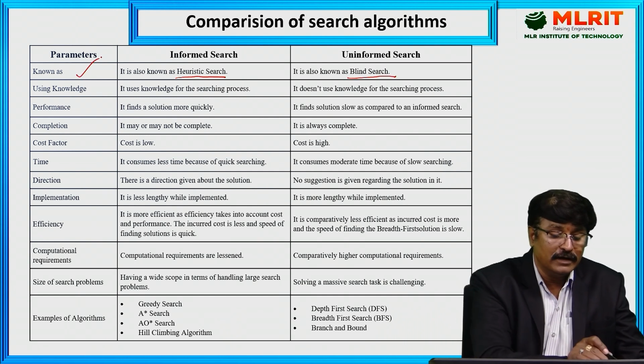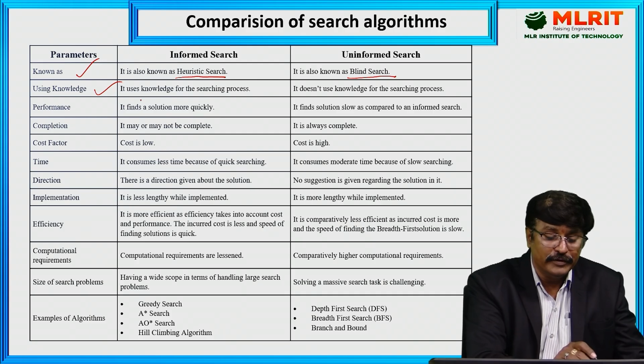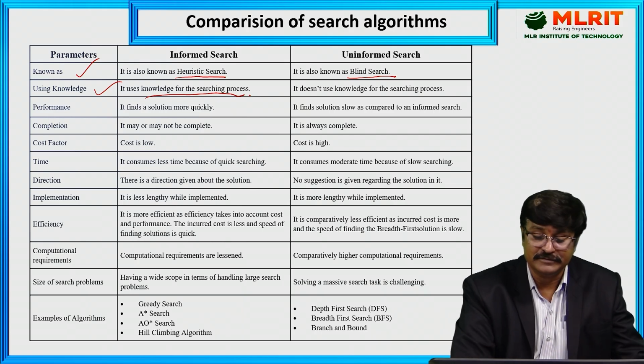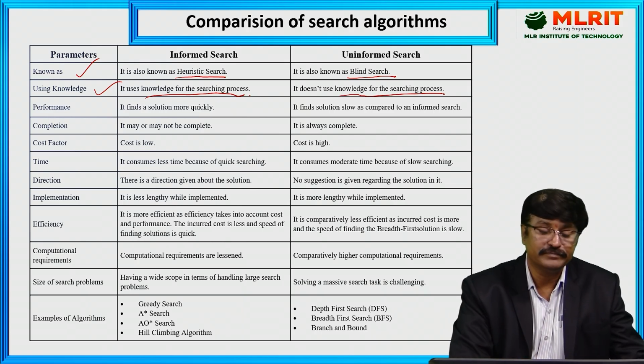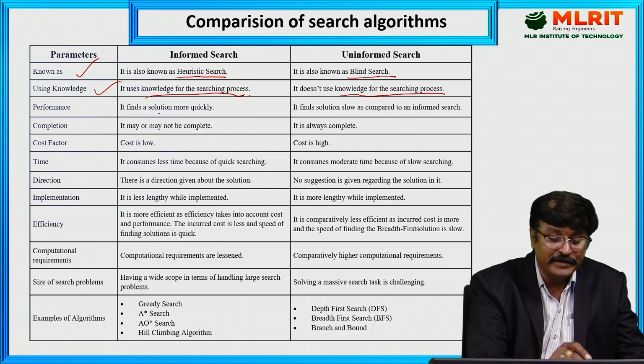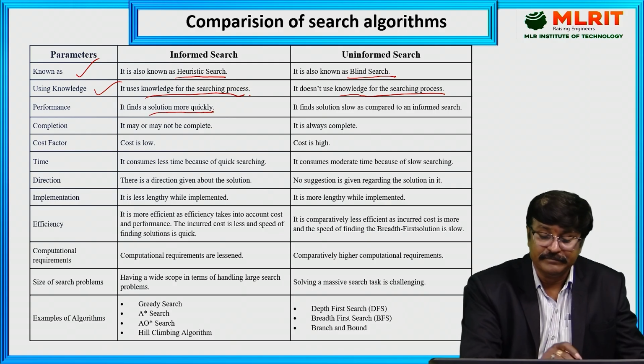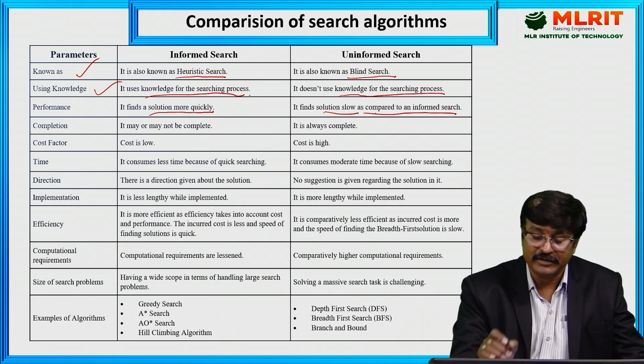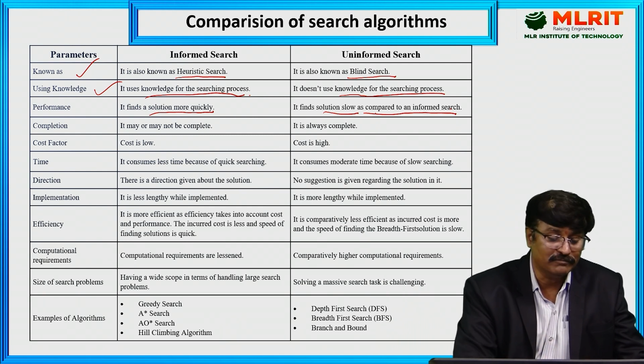Using knowledge: it uses the knowledge, additional information is there in the informed search algorithm. The uninformed one doesn't use knowledge for the searching process. Performance: informed finds a solution more quickly. Uninformed finds a solution slowly because in a systematic way you are finding node by node until you reach the goal. So compared to an informed search algorithm, this is somewhat slow.